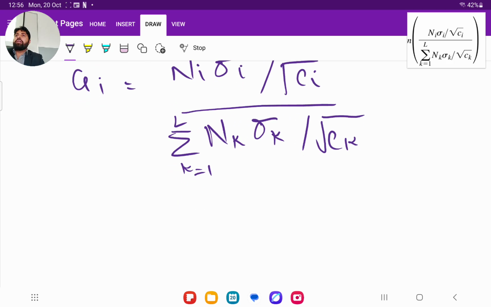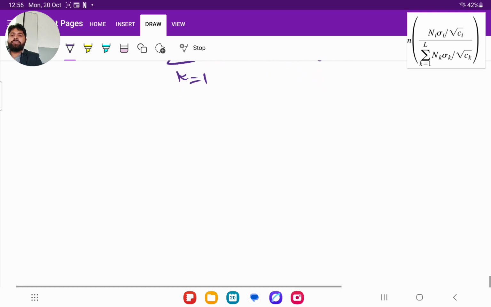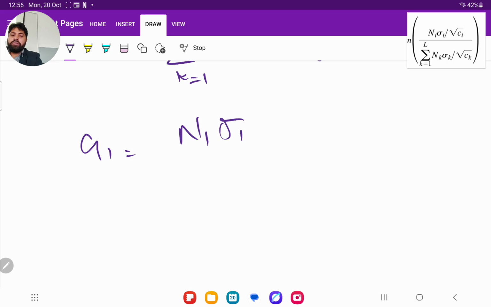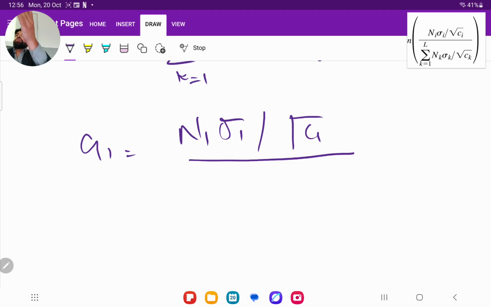We will calculate A1, A2, A3 one by one. By replacing i with 1, we have A1 is equal to N1 sigma 1 over square root C1, divided by the sum from k equal to 1 up to L. L means your total number of strata. How many strata do you have? 3. So capital L takes the value 3. It means you will expand this summation into 3 parts.